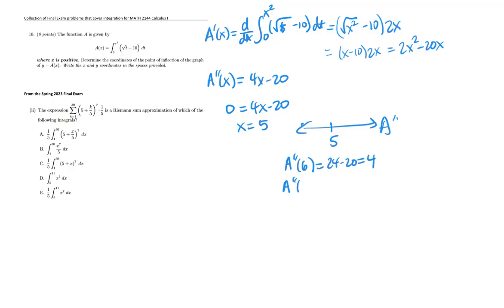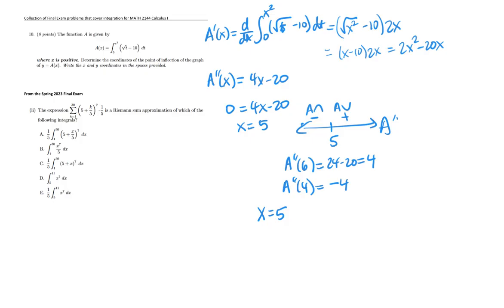And A double prime of like 4 is 16 minus 20, which is negative 4. So I get something positive on this side and something negative on that side. That means the concavity changes from concave down to concave up. So there actually is a change in concavity there. So the x coordinate of the inflection point is x equal 5.